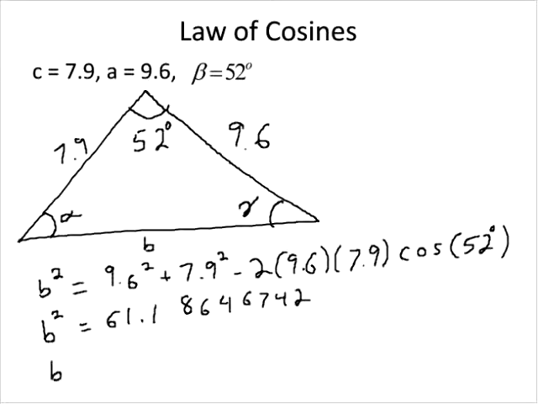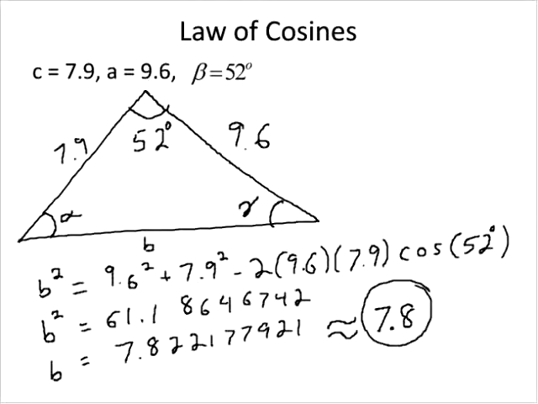Then I'll take the square root of both sides, so B is equal to 7.82217791, so we'll round that off to the nearest tenth and say side B is about 7.8 units. So I now know what side B is. In order to solve this triangle, I need to find the other two angles, though.